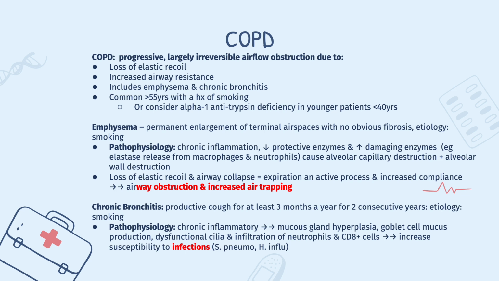That leads to airway obstruction as well as air trapping. Now, chronic bronchitis patients present with a productive cough for at least 3 months a year for 2 consecutive years. Etiology, again, is smoking. The pathophys here is chronic inflammation leading to mucus gland hyperplasia, so we have goblet cell mucus production.